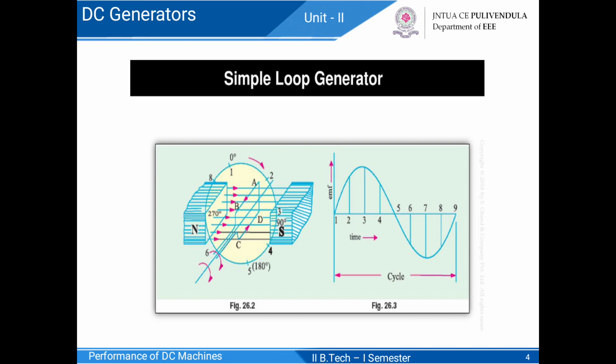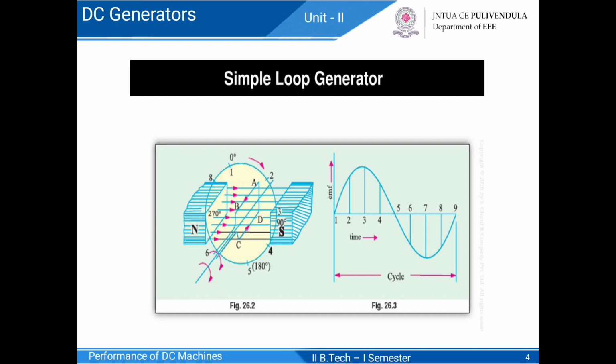So in its initial position, the conductors AB and CD are moving parallel to the magnetic lines of force. See here, flux is flowing from the north pole to the south pole, right? So the coil is placed at position 1 now, and the flux lines are parallel to the coil.